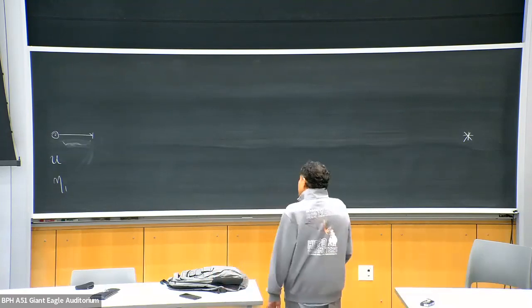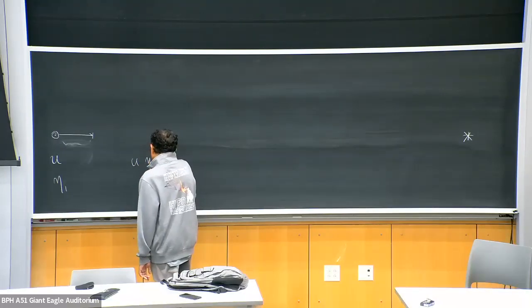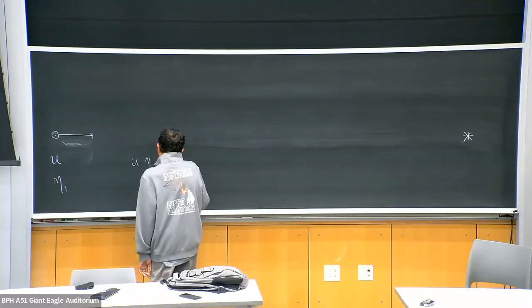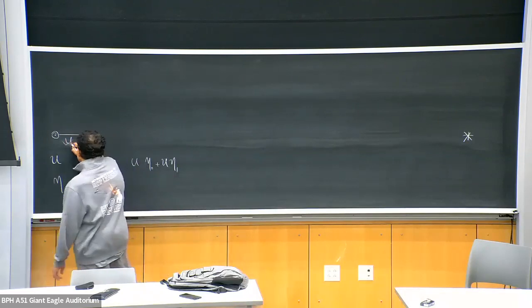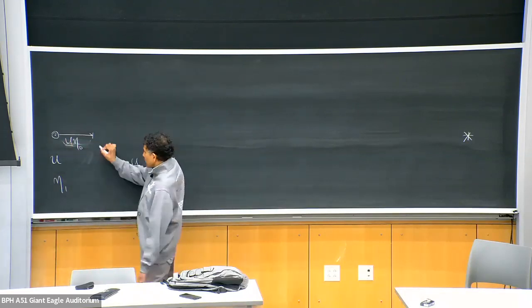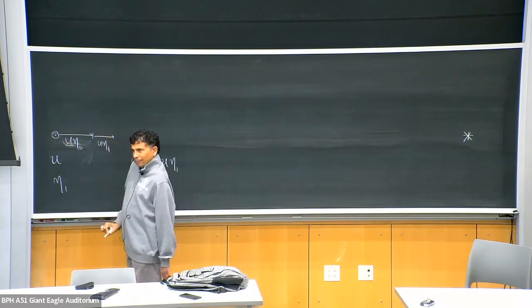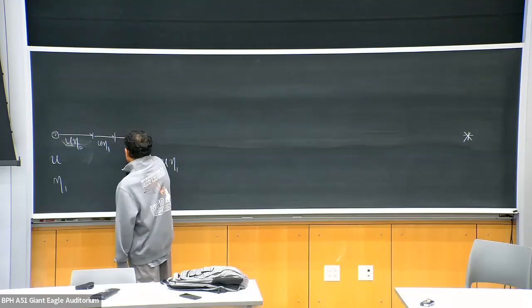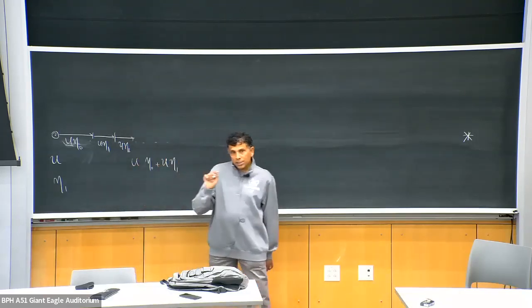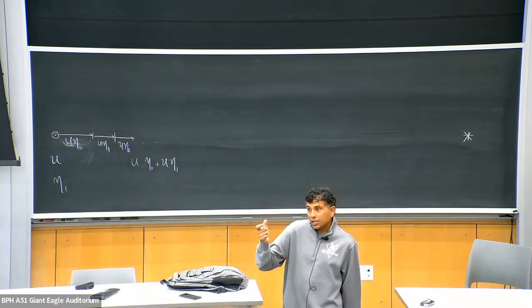That is going to be u times eta 0 plus u times eta 1. So this is going to be u times eta 0, right? This is your derivative, the upper bound on the derivative. The next time around, you're going to do u times eta 1, right? The next time around, you're going to do u times eta 2, and so on. So the distance covered is going to be the summation of, this is the upper bound because u is the largest derivative.